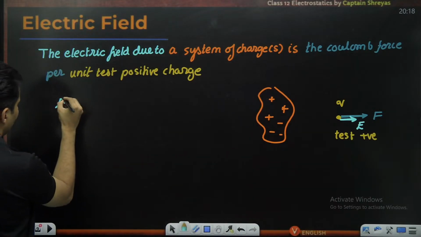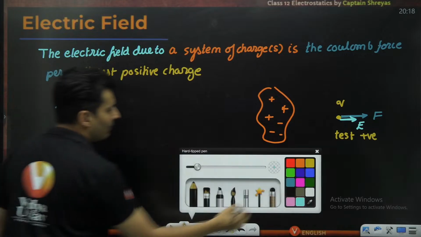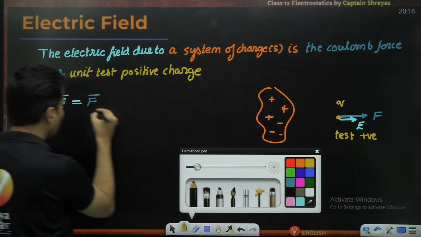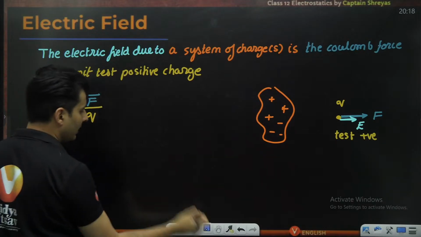So since electric field will have direction similar to that of the force, I can also call it a vector quantity.